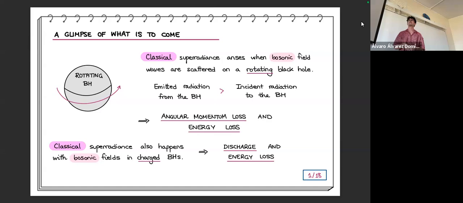Basically, instead of losing momentum, what it loses is charge and energy, and it leads to a similar process. Everything here is classical.